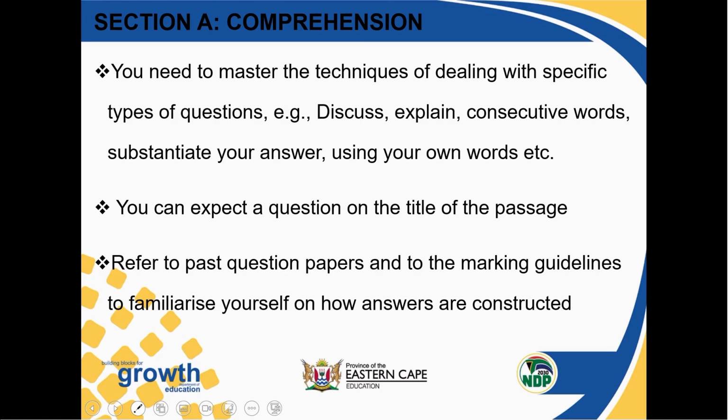Now, if you feel that the title is not relevant, then you need to highlight what is missing in the text that you feel should have been there for the title to be suitable. I hope this one is clear. That's a 2 marks question.